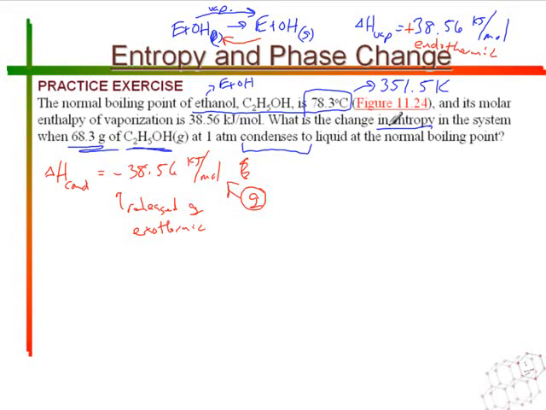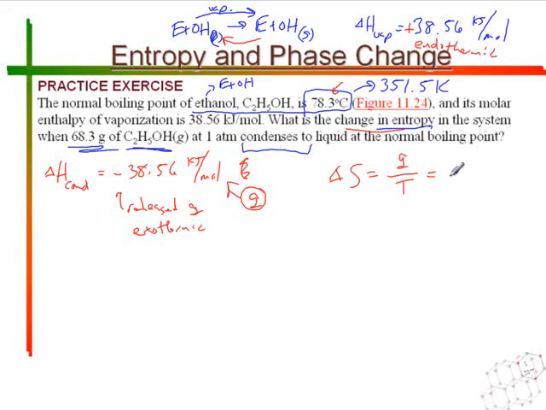Because remember, we want to know the change of entropy. We established that equation earlier. Delta S is just the amount of heat that's been transferred during the process at a given temperature. Now, at the phase change, the temperature stays constant, so it's an easy numerical value just to plug in there.